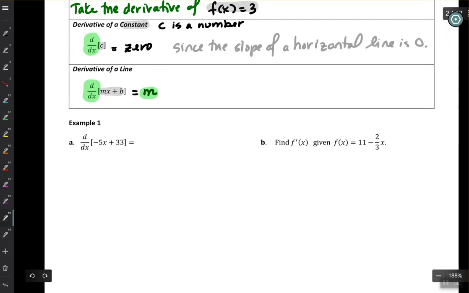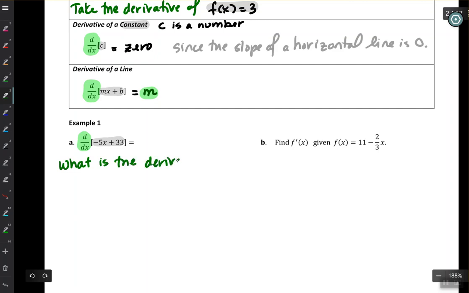This provokes a question: what is the derivative of minus 5x plus 33? And if you want to write y equals instead of f, you can too. How about we do that? The derivative of y equals minus 5x plus 33. That's the question.